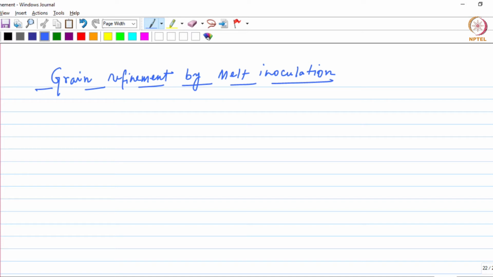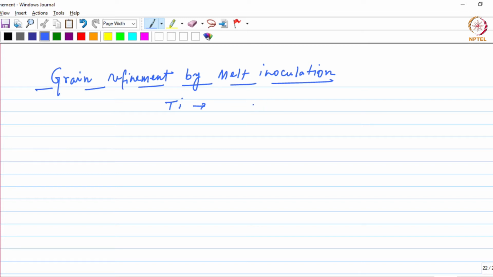The most commonly used melt inoculant for aluminium and its alloy is titanium. Titanium has a much higher melting point compared to aluminium, so you can expect titanium to remain as solid suspended particles in the aluminium melt. But it is not the metallic titanium which plays that role.